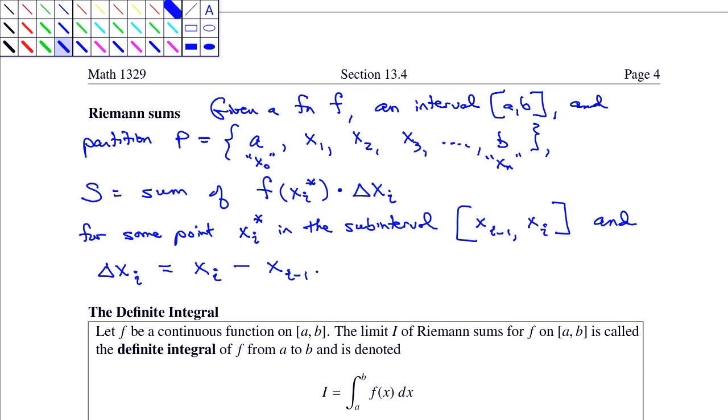You add them up. You add up all the areas, and that gives you the Riemann sum. Right. So this is sort of the math jargon for what you were doing, and doing it sort of in general. And now we get to the definite integral.